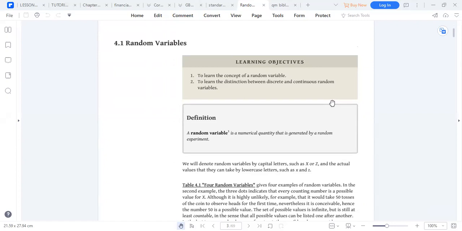To start with, a random variable is simply a numerical quantity that is generated by a random experiment. So we know that there are discrete numbers and continuous numbers. Discrete numbers are simply numbers that you can count: 1, 2, 3, without any recurring decimals. Whereas continuous numbers are numbers that have decimals, for instance, 1.2, 1.3.